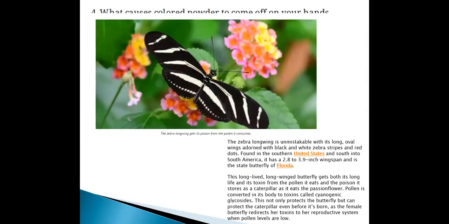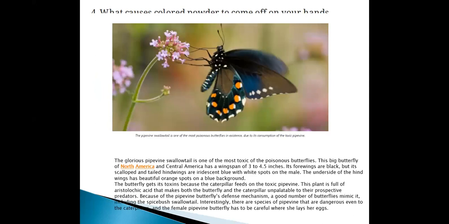And you can see the zebra longwing butterfly. These are also not that friendly. They also have toxins which will spoil our reproductive systems. The pollens which are carried by these caterpillars cause a lot of issues for human beings. Generally, they affect the reproductive systems.